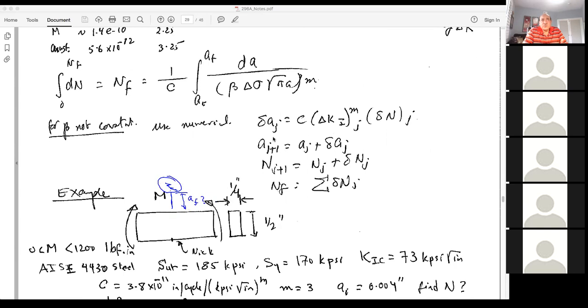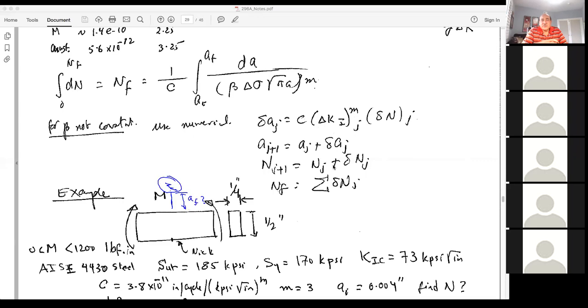Or you could do it the poor man's way, step by step, delta A in step J. You fix the delta K, so you write a program by yourself, and then you increment the crack size and you increment the number of cycles. But this is really the poor man's way. So we could just use MATLAB to do the integration for us.